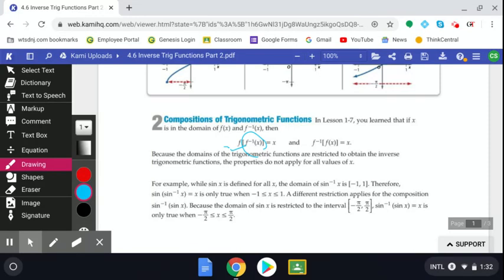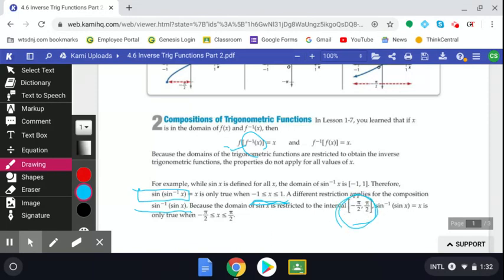If you're looking at sine of the inverse of sine of x, then it's only going to be true if you're restricting the domain between negative 1 and 1. And now if you are doing a composition of arcsine of sine of x, which would be this one, then you need to make sure that it is in this domain restriction.